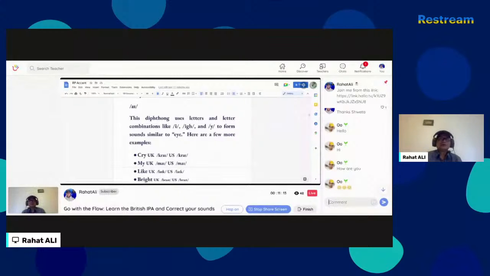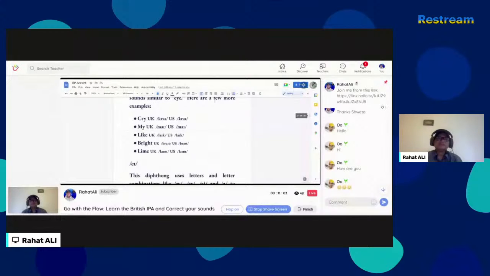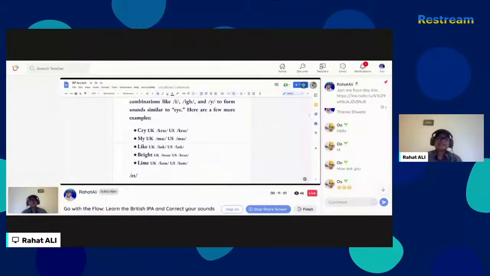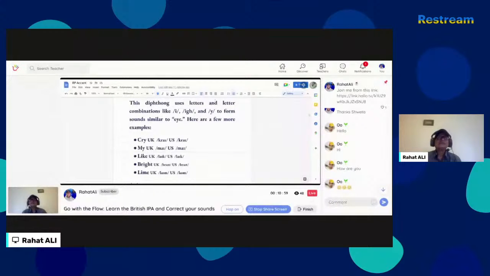One amazing part of this pronunciation is that it is a bit longer sound, if you have noticed it. Lime. So once again, diphthong A and I together sounds like I, same as the I of human eye or any eye. Cry. My.